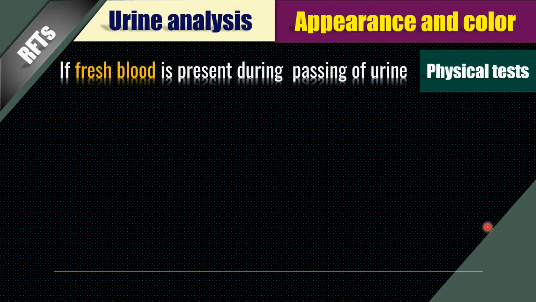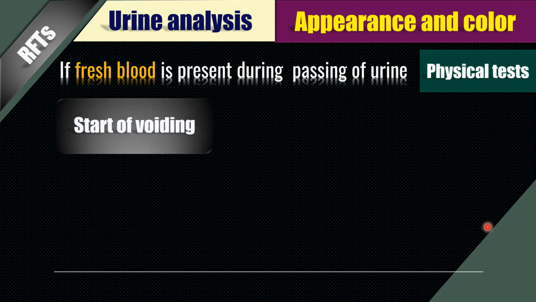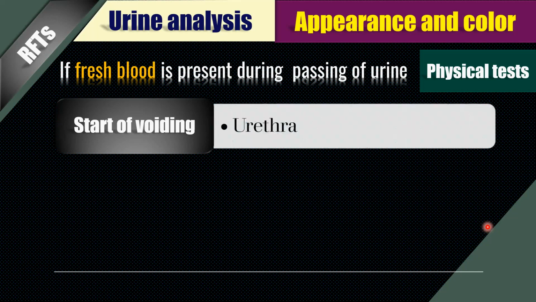Again, if the urine is red, suppose it contains fresh blood, then we have 3 inferences. Suppose blood is present at the beginning or start of micturition, then that blood might be due to urethral injury.